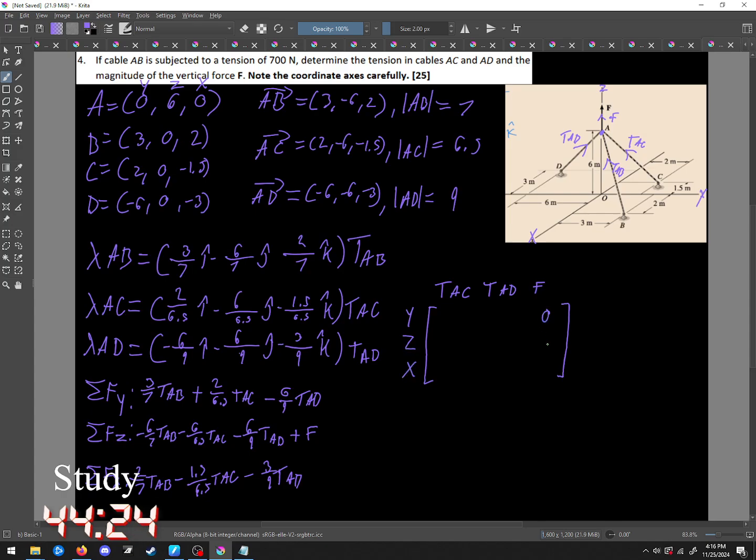This is going to be 0, 1, and 0. It could be 0 and negative 1, but I think it's 0, 1, 0. T_AC for y. Let me just get rid of these.